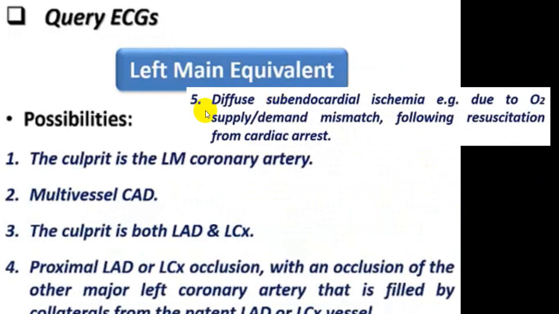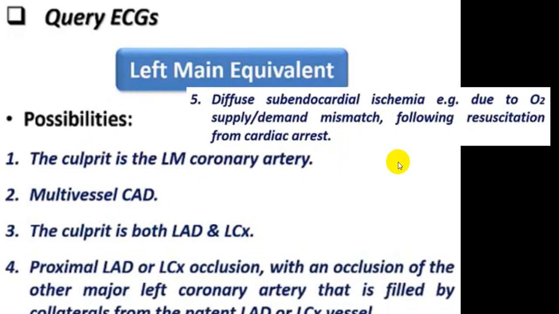Another, they put that diffuse subendocardial ischemia due to oxygen supply demand mismatch following a resuscitation from cardiac arrest can also produce similar type of changes. So always look for left main equivalent in left main coronary artery if you get those findings, or maybe multiple vessel disease, or maybe LAD plus LCX, or maybe proximal LAD with LCX occlusion, or following a resuscitation from cardiac arrest.